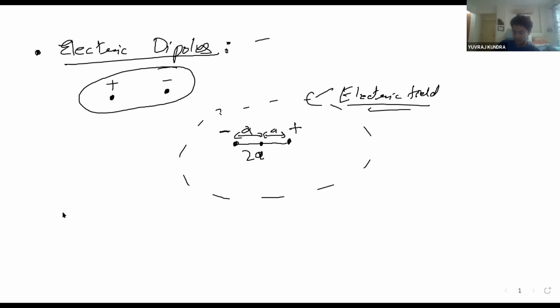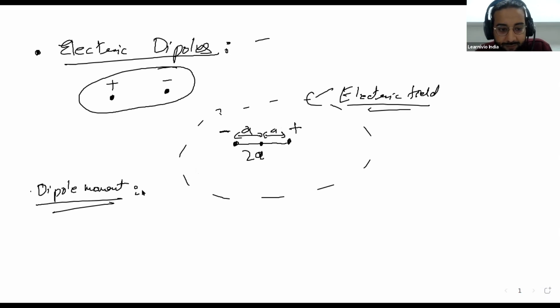Okay. So one more quantity that we define with every electric dipole is, you can think of it like a charge for the dipole, like an effective charge of the dipole. We call it the dipole moment. This dipole moment is given by the variable p, and it's a vector quantity.